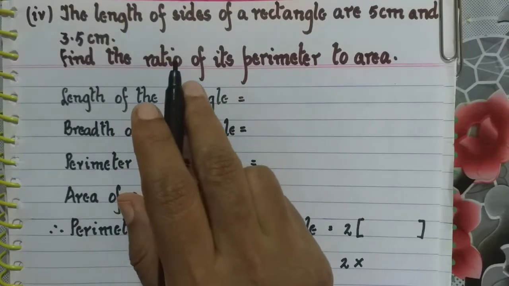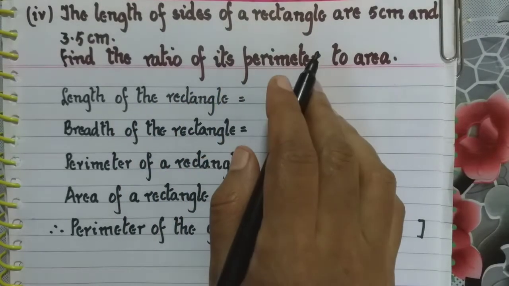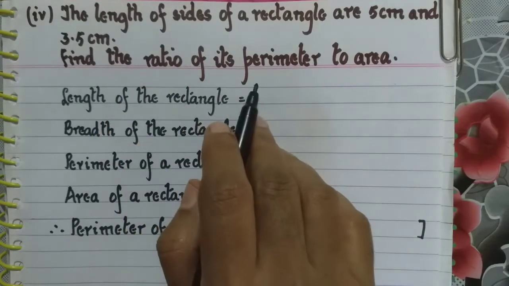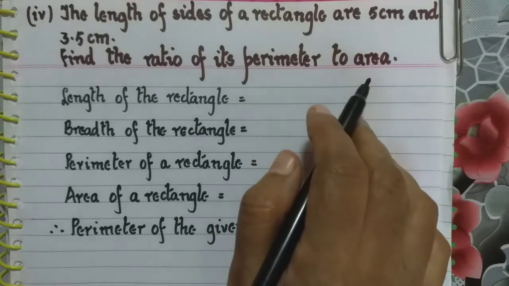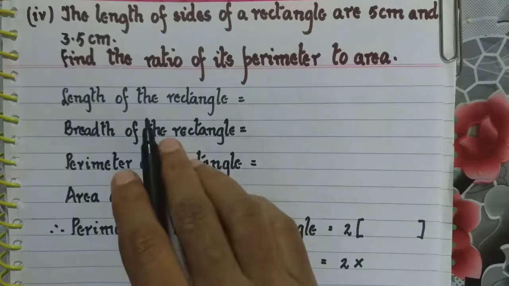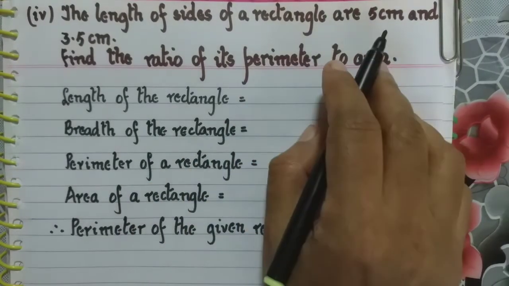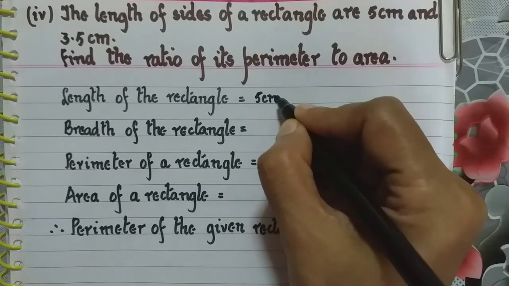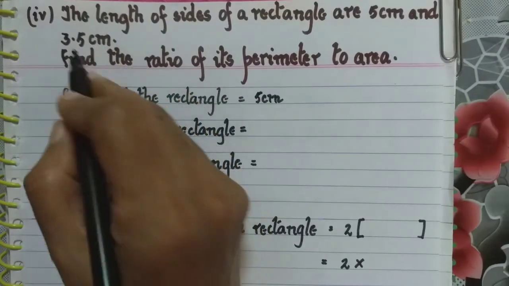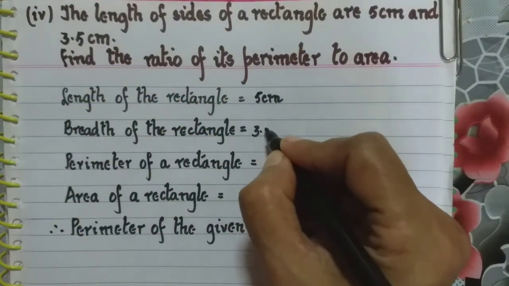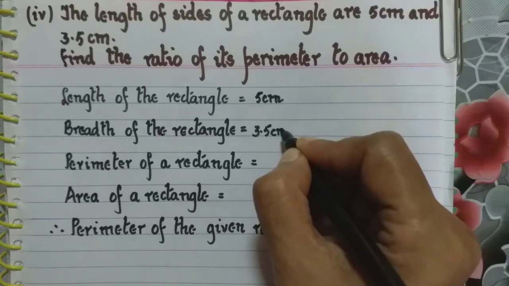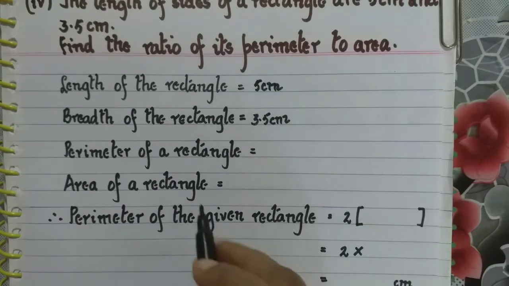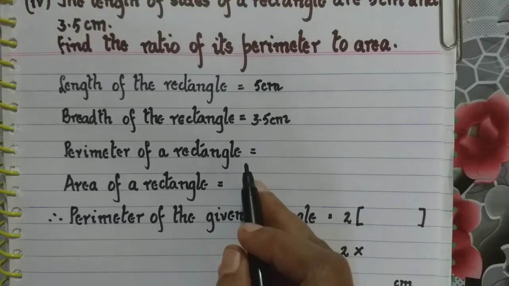See the fourth sub question. The length of the sides of a rectangle are 5 centimeter and 3.5 centimeter. Find the ratio of its perimeter to area. What is the length of the rectangle given as? 5 centimeter. What is the breadth of the rectangle given as? 3.5 centimeter. Now let us write the formula for the perimeter of the rectangle and area of the rectangle.